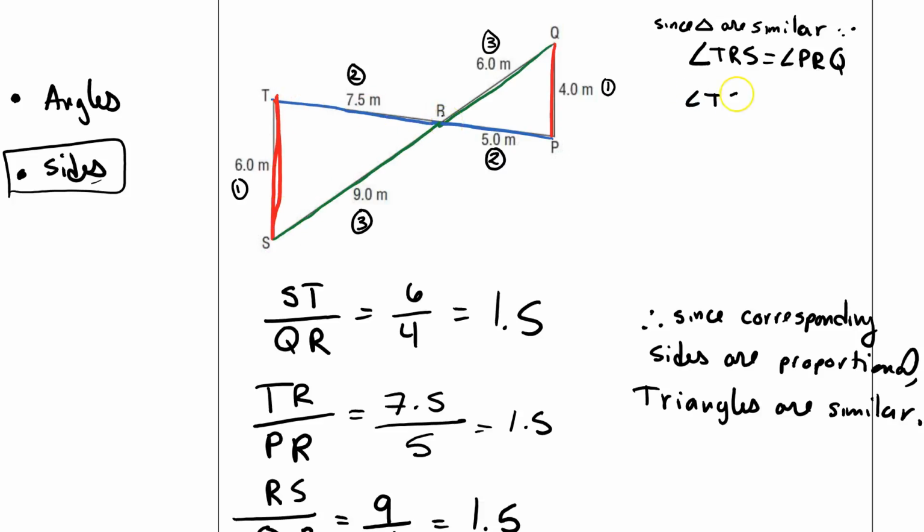So angle TSR is the same thing as PQR, and the last one, angle STR, so we're going from red to blue, is the same thing as QPR.